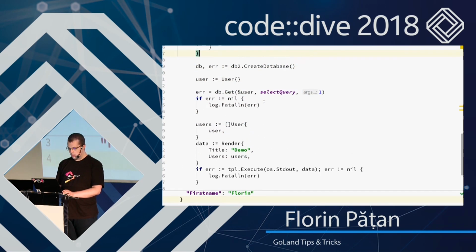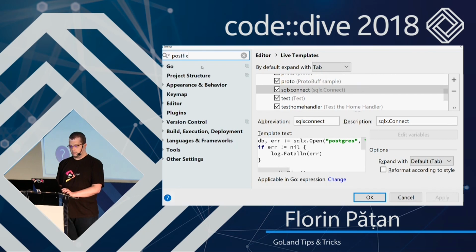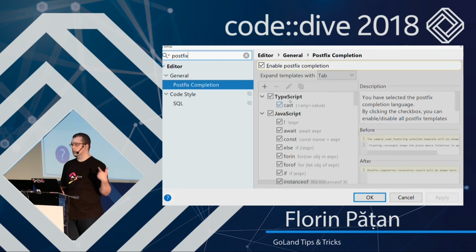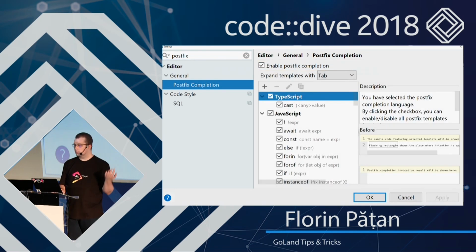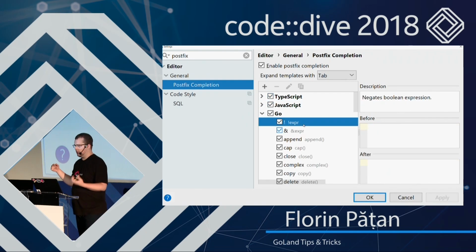Right, so I said that we have postfix completion, right? So if I go here, postfix completion, you can see all the postfix completion types. And I have the TypeScript plugin installed because we support TypeScript as well. I have the JavaScript plugin as well, but I'm interested in the Go postfix completion items. So the postfix completion is basically you can do dot after an identifier and you get all these options.